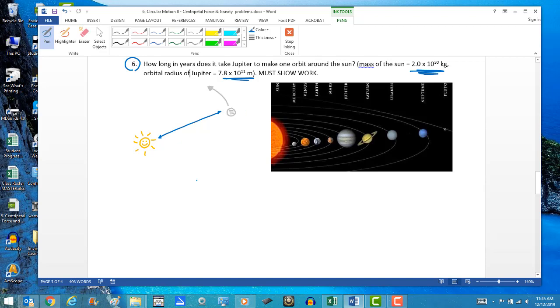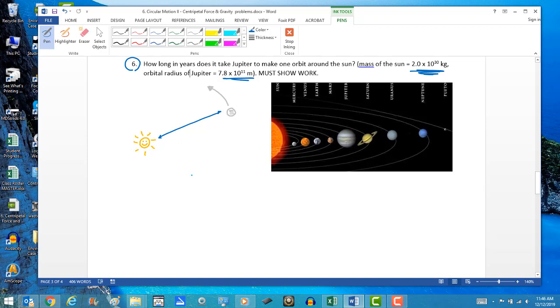Well, think about it. The force holding Jupiter in orbit would be gravity, because the Sun and Jupiter both have mass, and they're going to exert gravity on one another, and that is the force holding Jupiter from flinging out into outer space. What is that force?